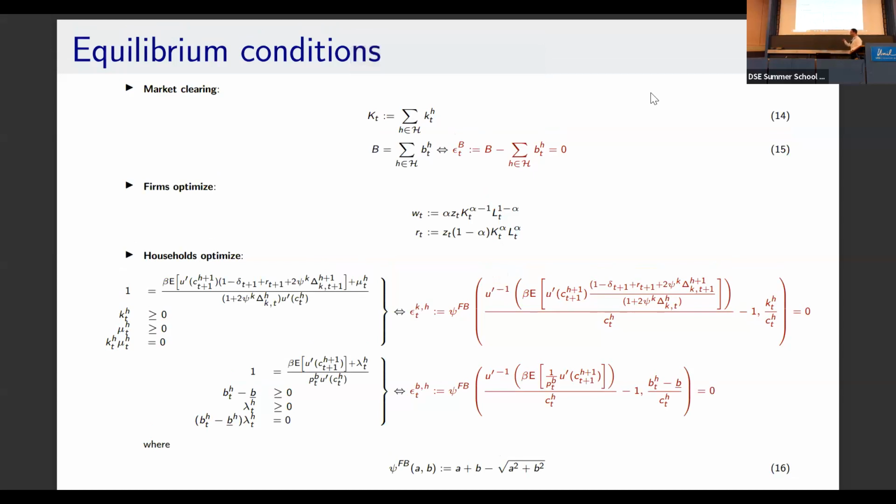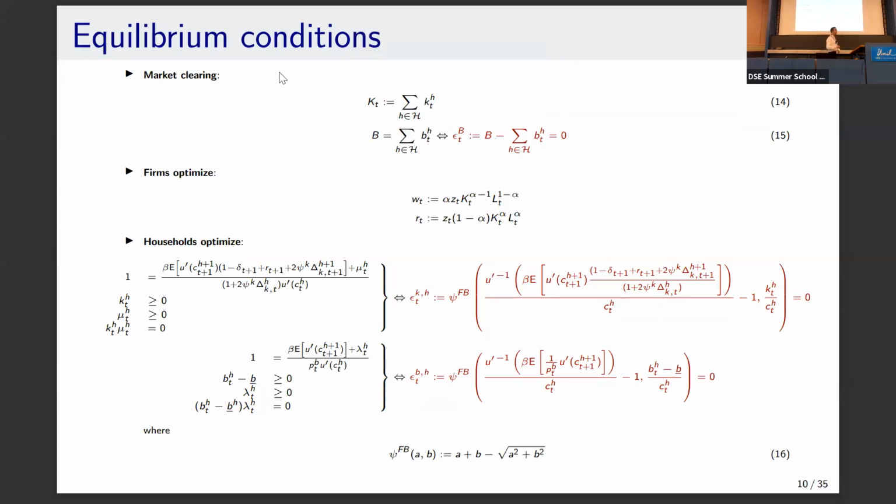So one question is what is a convenient way to transform these Karush-Kuhn-Tucker conditions into the kind of G, X, F way of writing things, and it turns out that making use of the Fischer-Burmeister function, there are also other functions we could use. The Fischer-Burmeister function is defined on the bottom, and it is zero exactly if A and B are both non-negative, and the product of those two is zero.